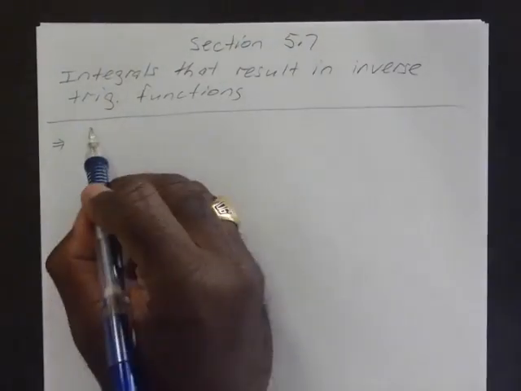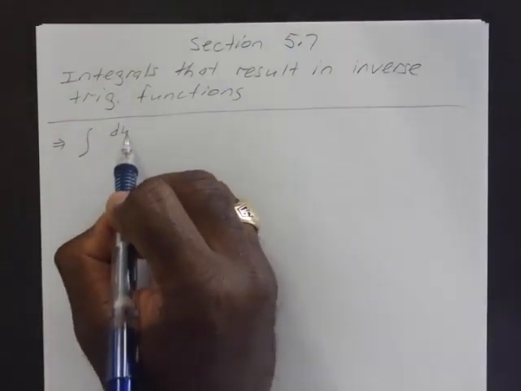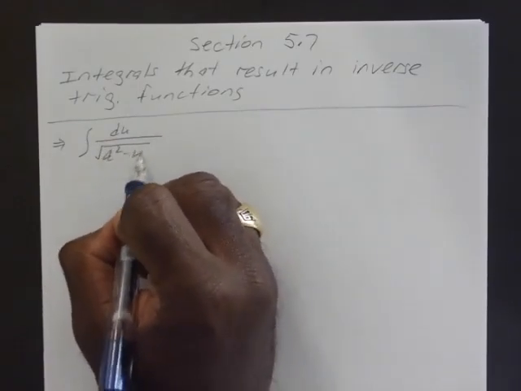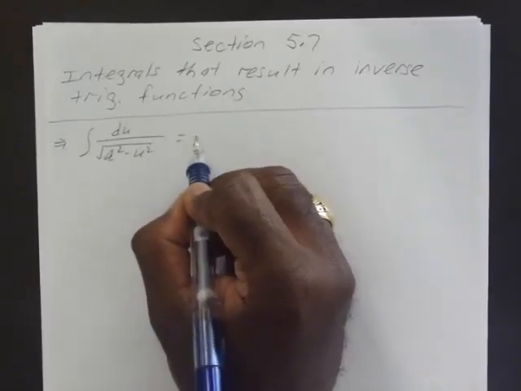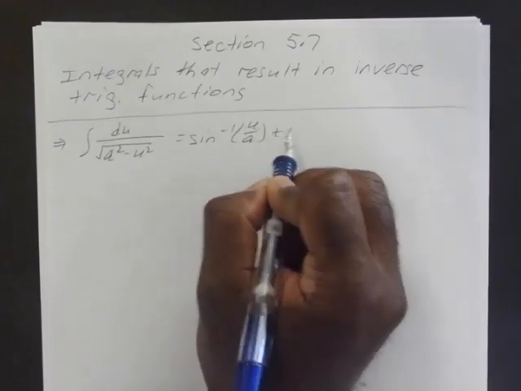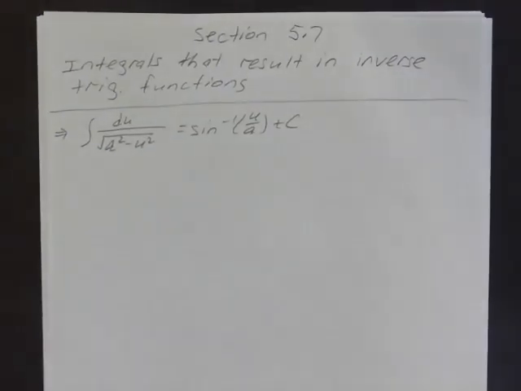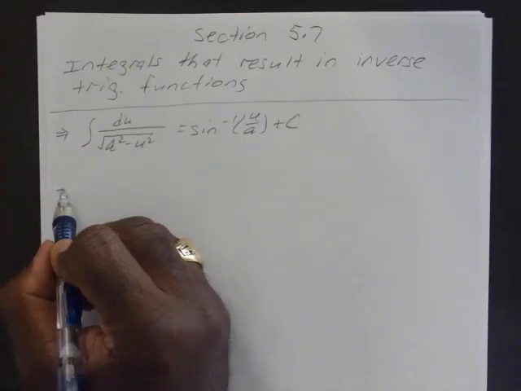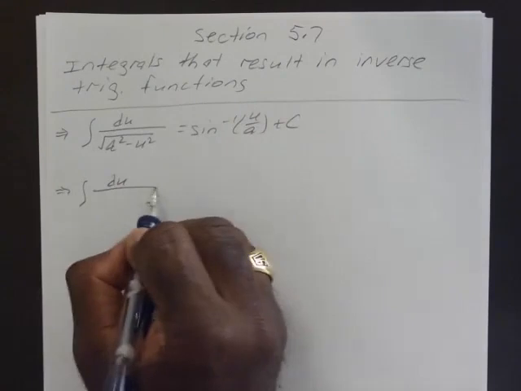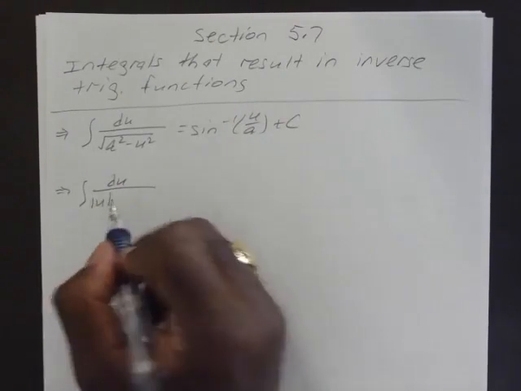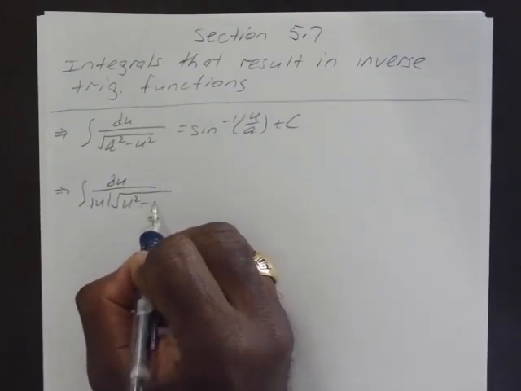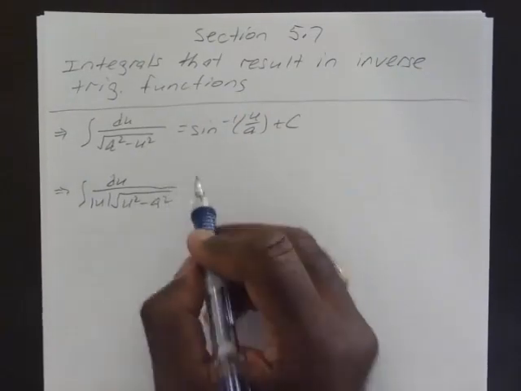Okay, so we know that the integral of du over the square root of a squared minus u squared is equal to sine inverse of u over a plus c. And we have the integral of du over the absolute value of u times the square root of u squared minus a squared.